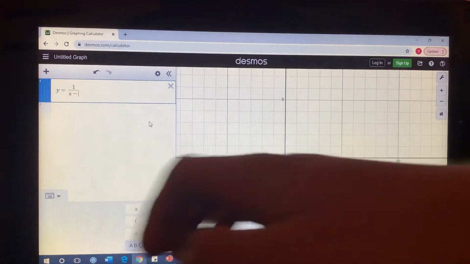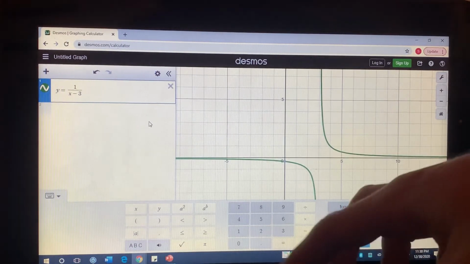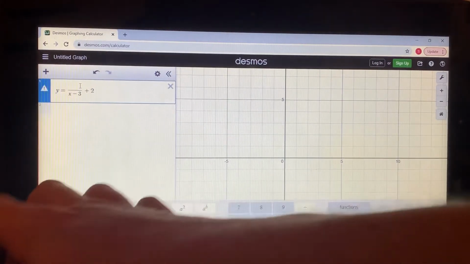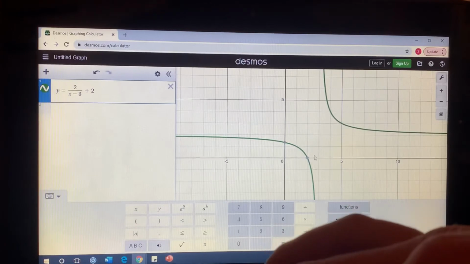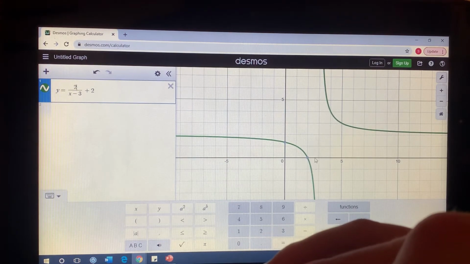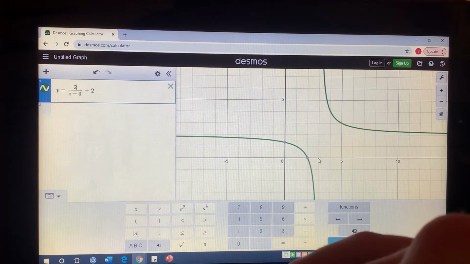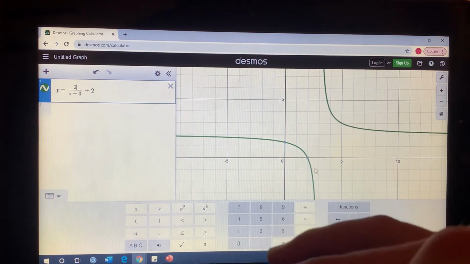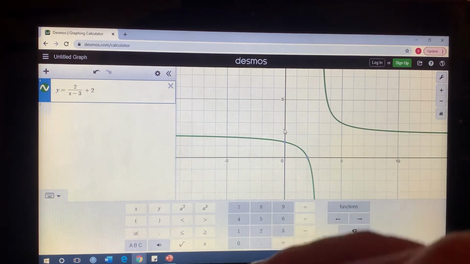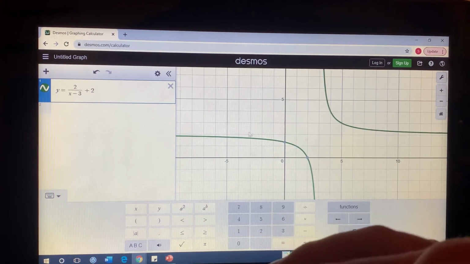So if it was x minus 3 plus 2, and let's say our a value was 2. Now we use our asymptotes. We have x minus 3, so we go over 1, 2, 3 for our first one, and it would be up here. This would be our asymptote, and then for our horizontal one, we go 2, so we have 2 would be that way.